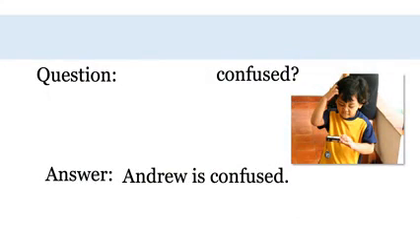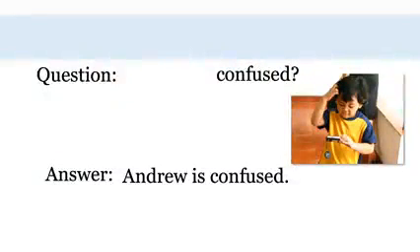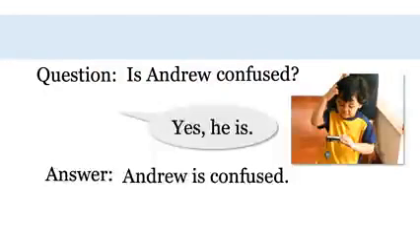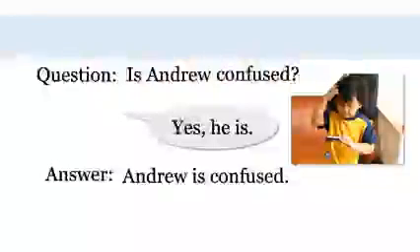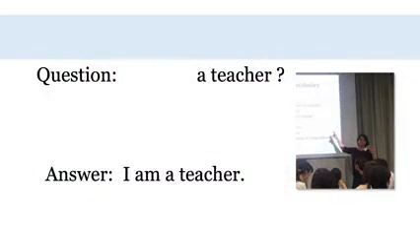Okay, what's the question here? The answer is, Andrew is confused. The question is, is Andrew confused? Yes, he is. Andrew is confused. Last one. Look at the answer. I am a teacher.